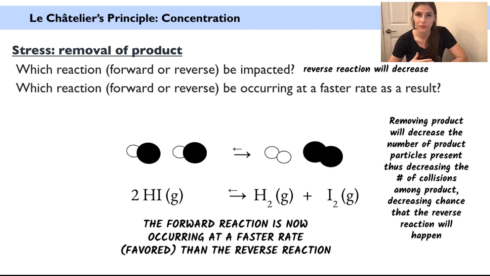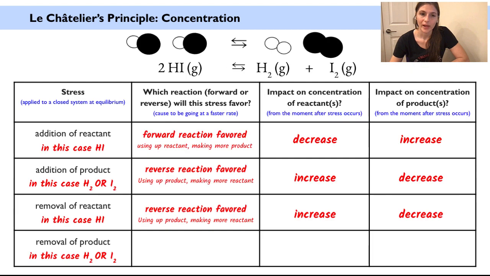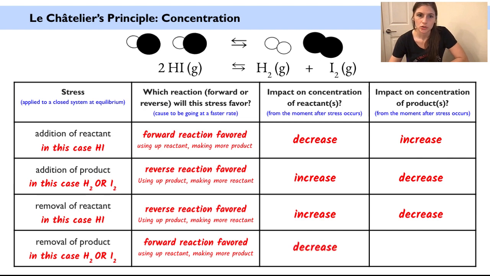It's being favored. If we go back to our table, that means that if the forward reaction is being favored, we are using up reactant and making more product, which means that we are going to decrease the concentration of reactant in the system as the equilibrium system shifts back to equilibrium.